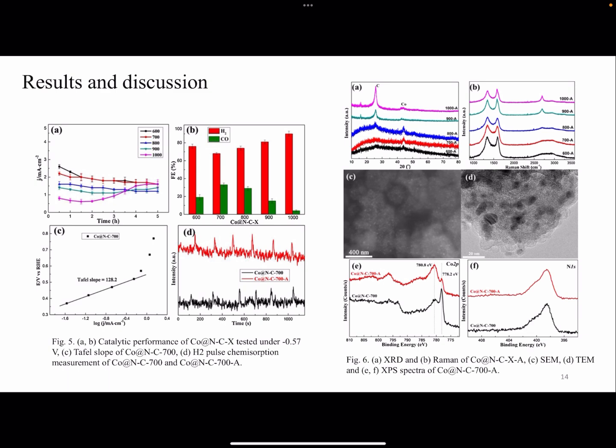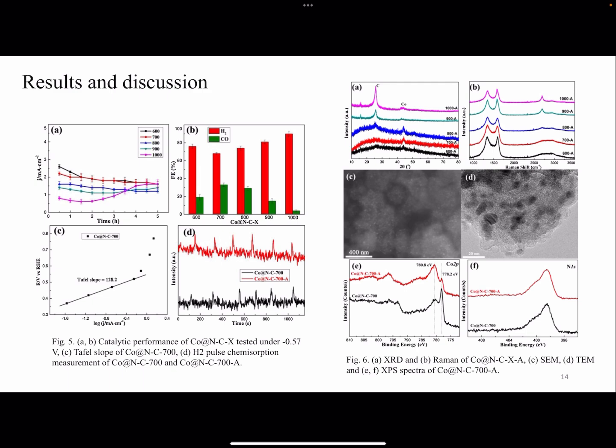In figure 6, we can see the XRD pattern. The cobalt diffraction peaks obviously weakened, especially for the high temperature samples like 1000 Celsius degrees A. This is because their large particles were mostly exposed and easy to be removed. And the Raman results in image B show an increase in the graphitic carbon ratio after the acid treatment.